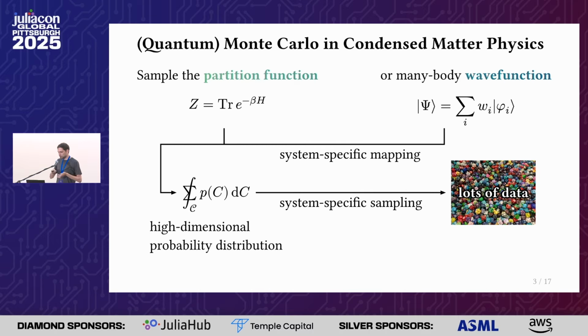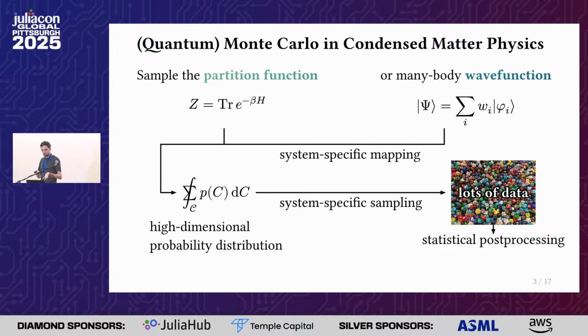Sampling this then requires another set of system-specific tools, and then we carry all of this out, and out comes a whole lot of data, on the order of terabytes. And this data you take, do statistical post-processing, extract averages and expectation values and error bars for your quantities of interest, and then you're done.